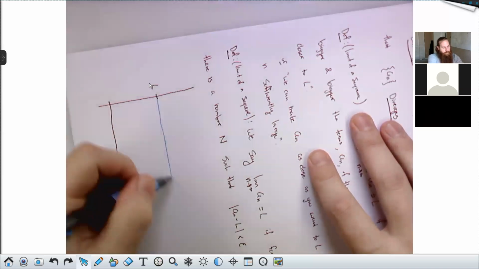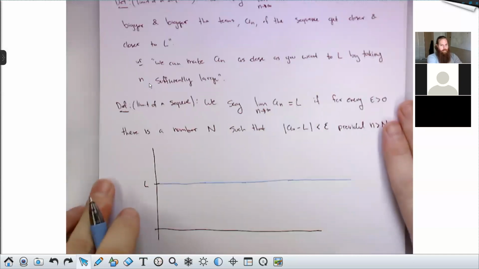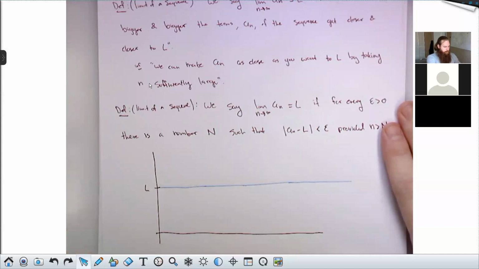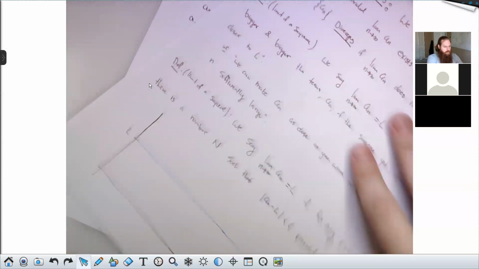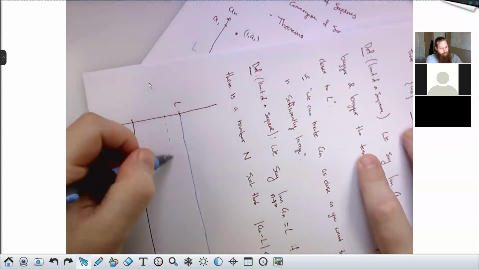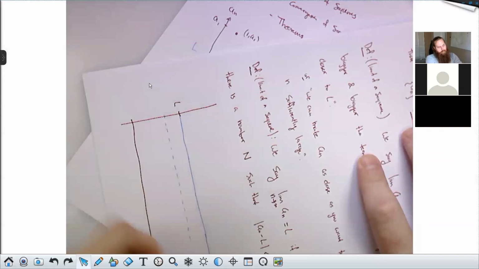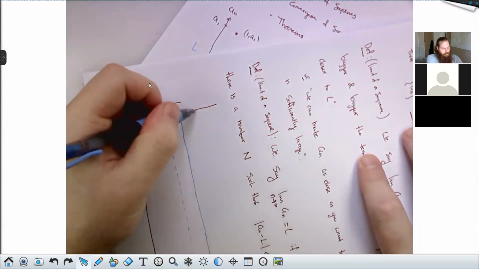So I'm going to draw in the horizontal line y equals L. I'm going to draw in an epsilon window about L. So the vertical distance between the dotted line and the solid line is epsilon.